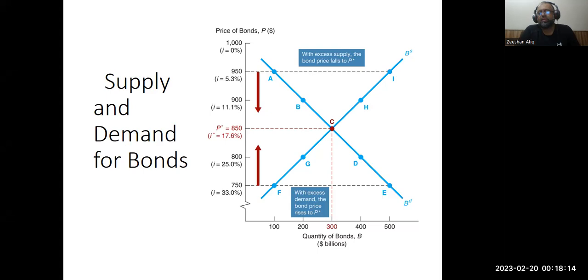If you know the factors which change the demand curve of the bond and the supply curve of the bonds, you can understand what kind of change will bring what kind of change in the price and the quantity in the overall market. And this corresponding price will help you determine the corresponding interest rates.